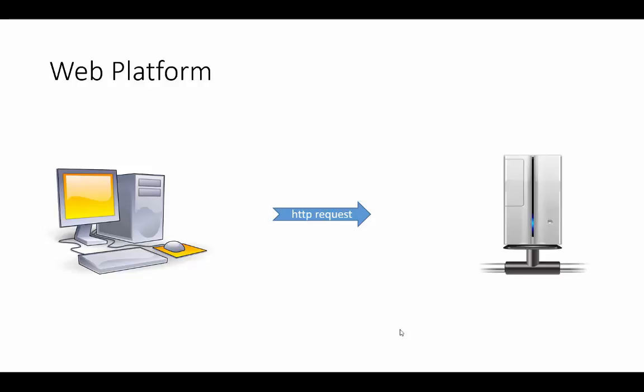This request can be an HTTP request, and first of all you have to learn what HTTP is. HTTP is Hypertext Transfer Protocol. When you send a request to the server, the server processes the request, and then the server sends an HTTP response to you, and you see all of that response.